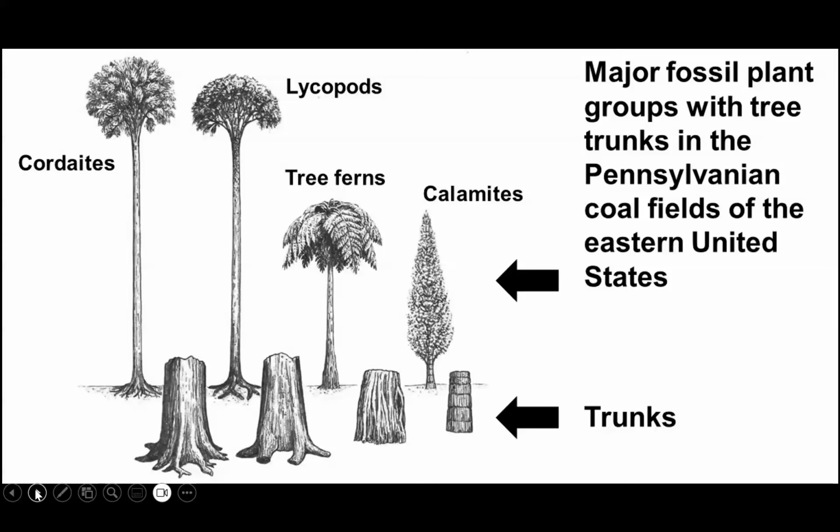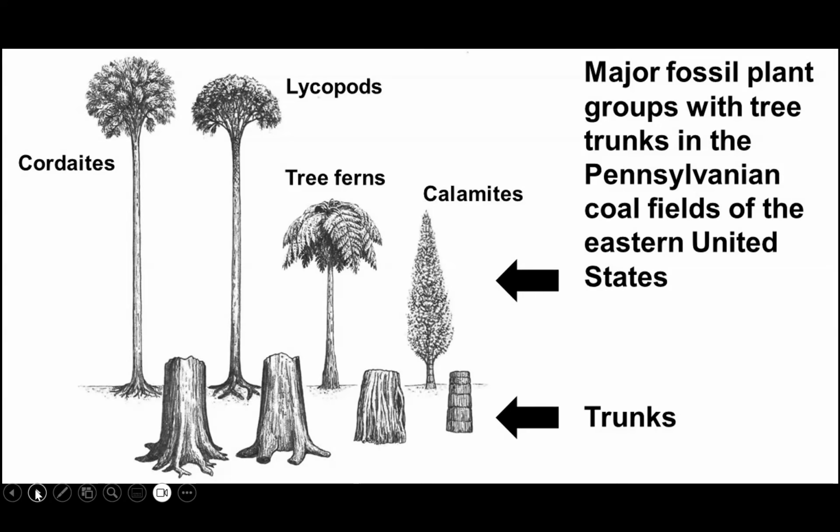All right. So you've heard me talk about all these plants, and it's like, okay, here's a better visual of what these looked like. We just talked about the cordaites, the strap leaf trees. We talked about the lycopods, those scale trees.